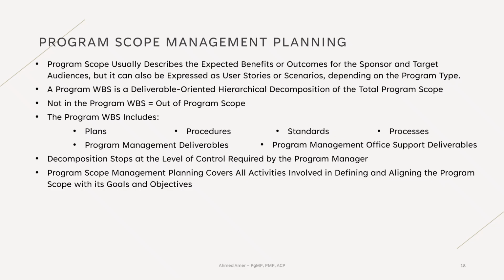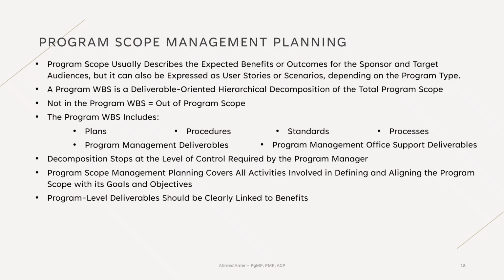It involves decomposing the work into deliverable component products designed to produce the intended benefits. The goal is to develop a detailed program scope statement, break down the program work into deliverable components, and establish a plan for managing scope throughout the program.